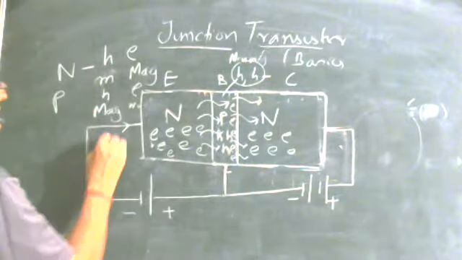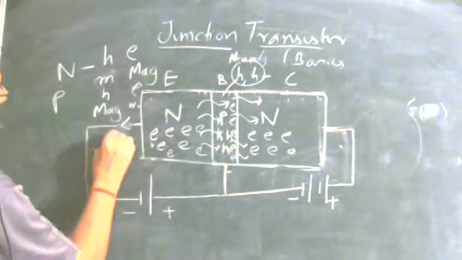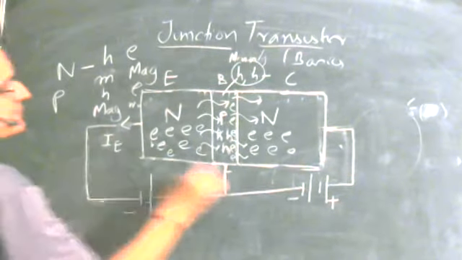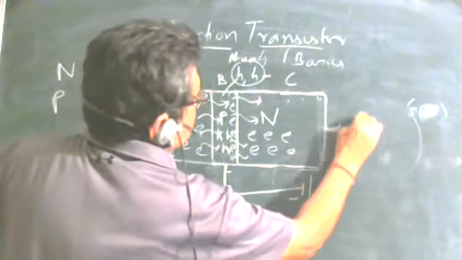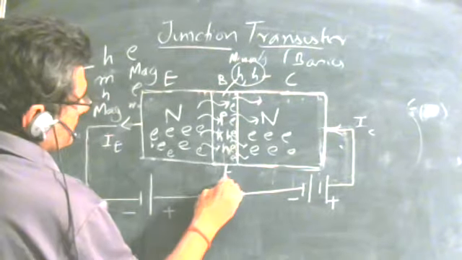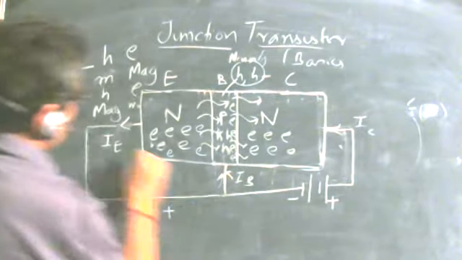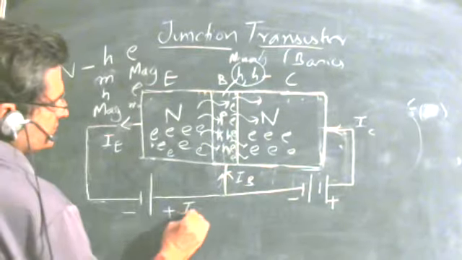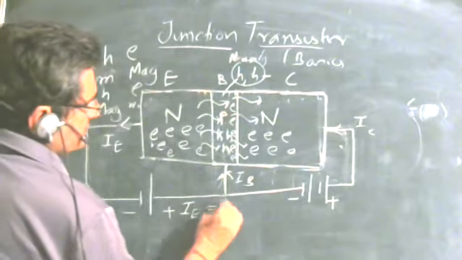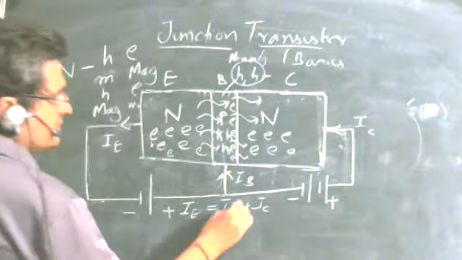So this is IE. The flow of current will be like this. This is IC, and the electrons are crossing like this. So this is IB. So again you will have the same relationship: IE is equal to IB plus IC for NPN also.